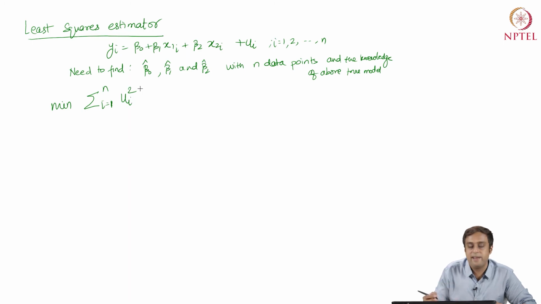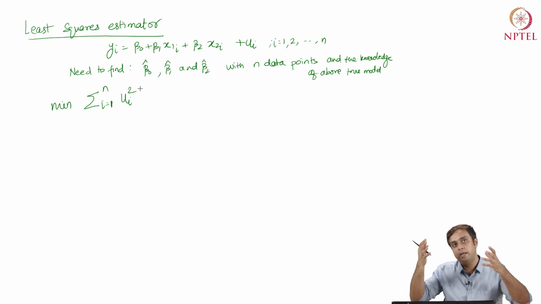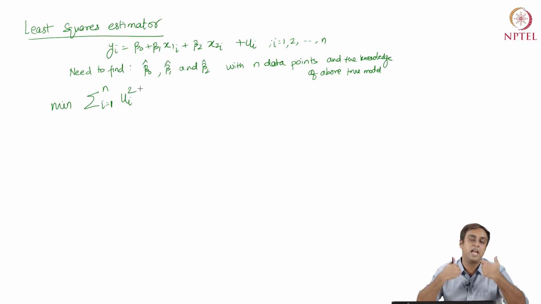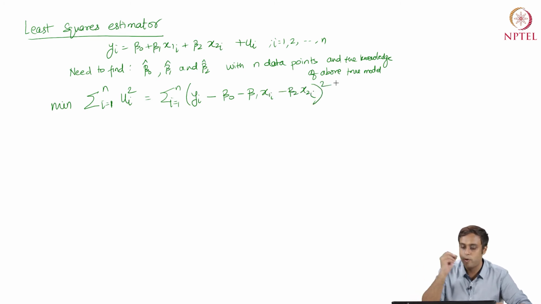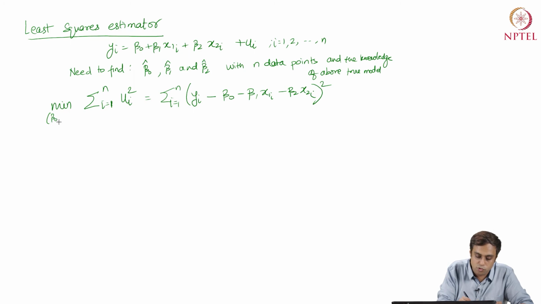We take the errors at every observation in my data, we calculate the error and we minimize it. That is, we want to minimize yi minus beta 0 minus beta 1 x1i minus beta 2 x2i, the whole squared. I am conducting this minimization while I choose beta 0, beta 1 and beta 2.